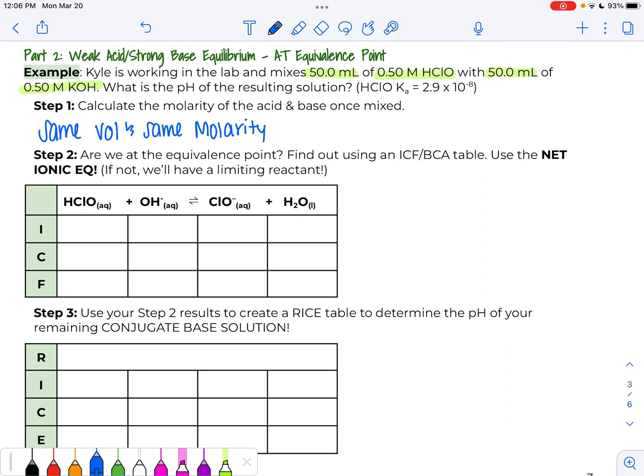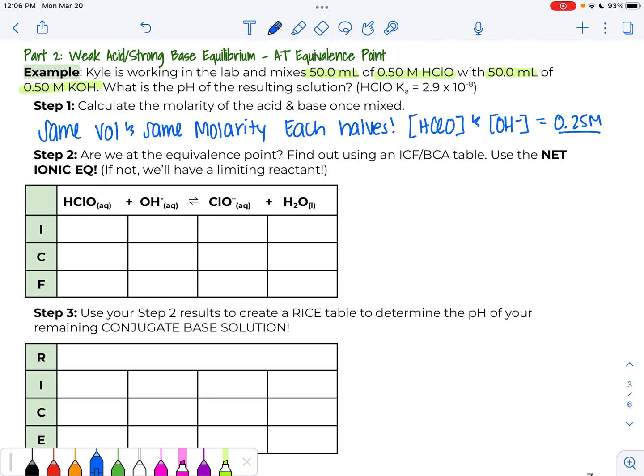Well, since our molarity is just changing by volume from 50 to 100, our volume is doubling, which means our concentration will halve. So each halves. So the concentration of both HClO and OH minus is going to be 0.25 molar, which is awesome.